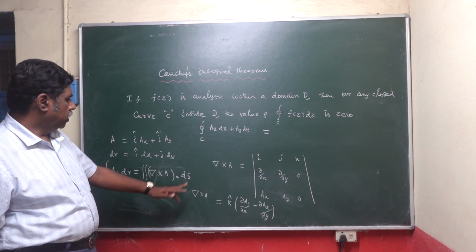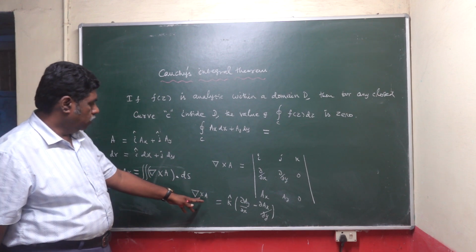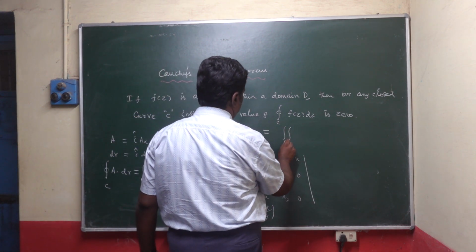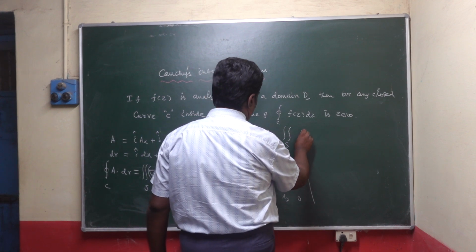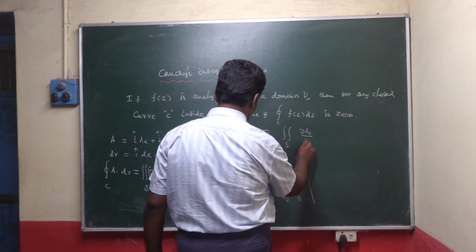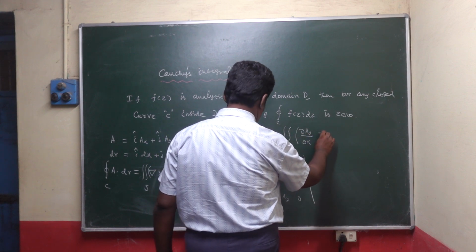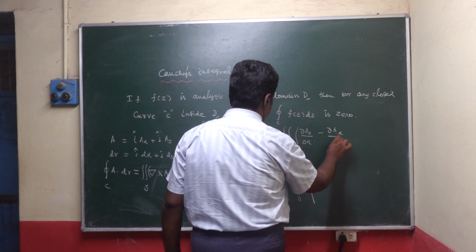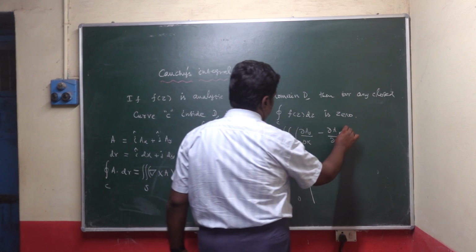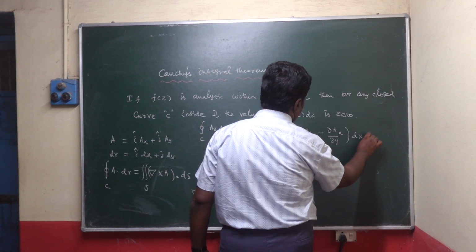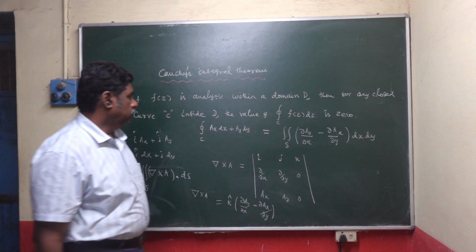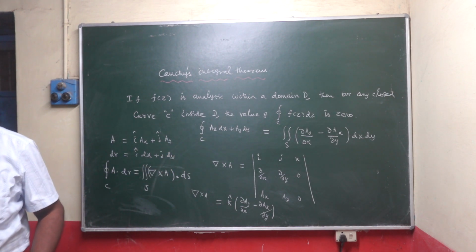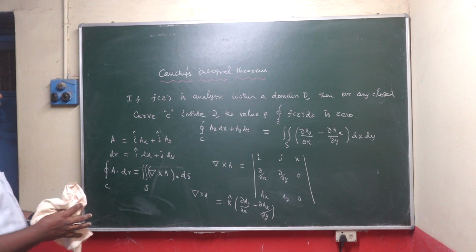The value of dS is allowed to operate with this curl A. We may get dou Ay by dou x minus dou Ax by dou y. Entire is multiplied by dx dy. This is the value of right hand side, curl A dot dS. Now keep this equation as equation 1.